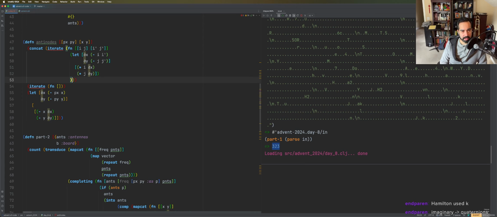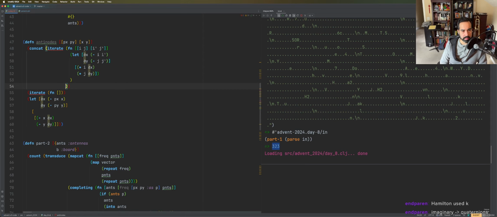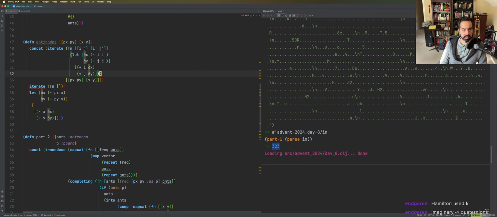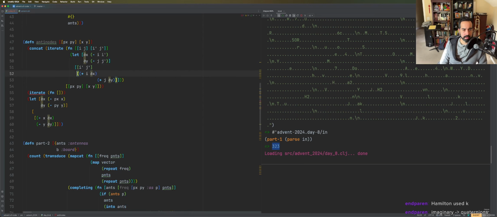Okay, iterate that starting with PXPY, right? Oh, wait. You gotta do this. Oh, yeah. I don't know. This is looking pretty messy. But then, okay. So what you gotta do is you gotta say I prime, J prime. Wait. But da. I think this will work.